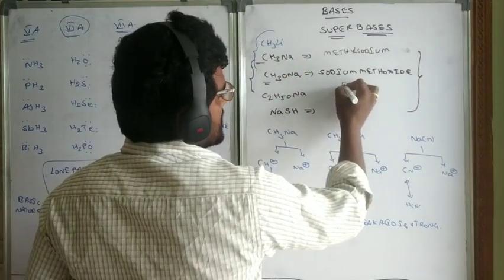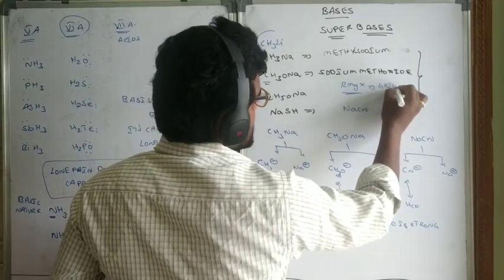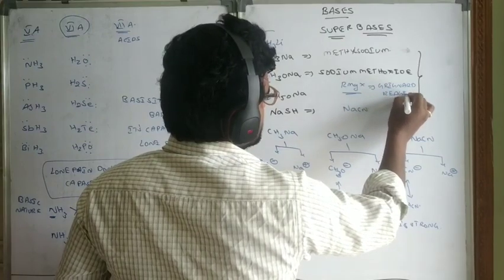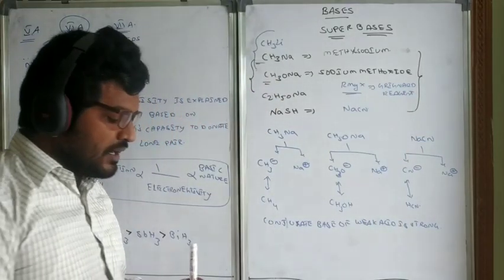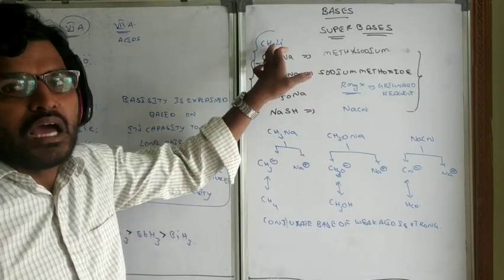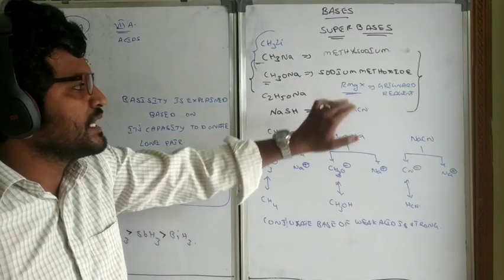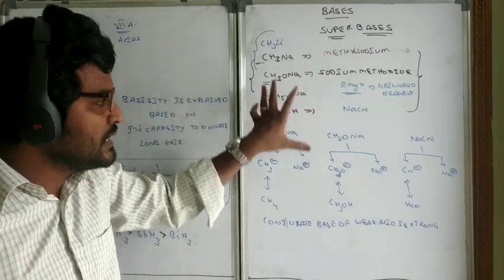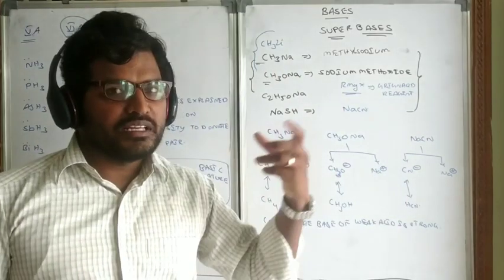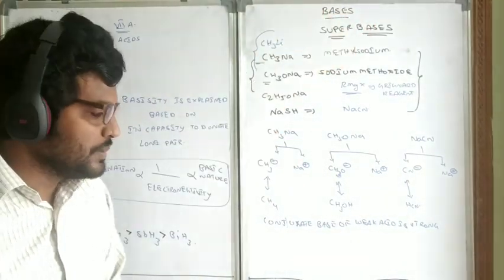And you can use RMgX, which is known as the Grignard reagent. Like this, metals reacting with alkyl groups, metals with alkoxide groups, and Grignard reagents are all capable of producing anions, which behave as very strong bases. So that's why we consider them as super bases.